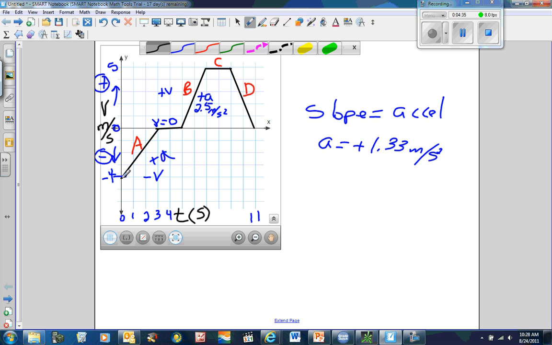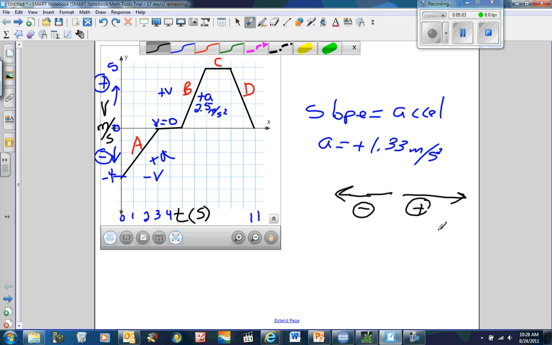Here, it's a positive acceleration, but I slow down from negative. Now remember, all negative means I'm going this direction to the left. That's negative. I'm sorry. Let me erase that. That's negative. And if I move this direction, that's positive velocity, right?